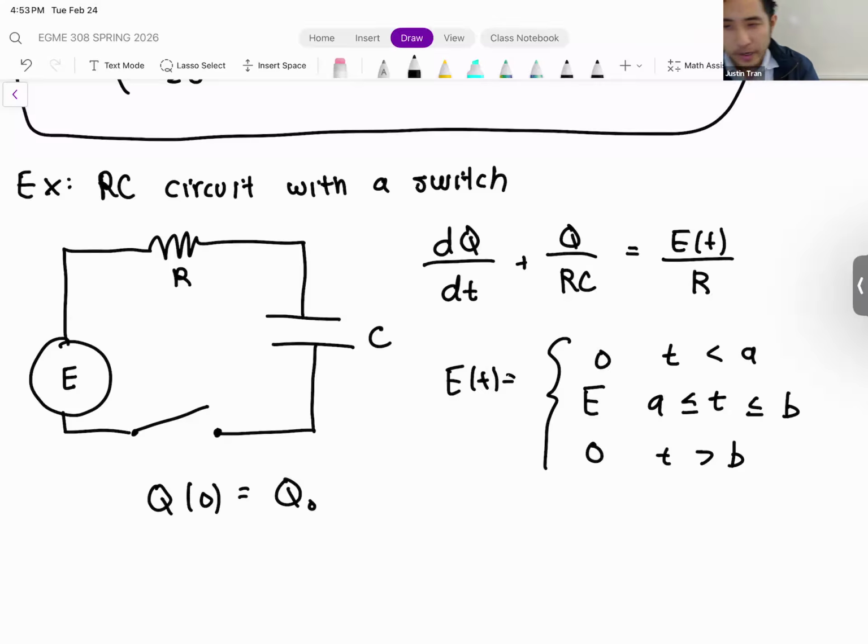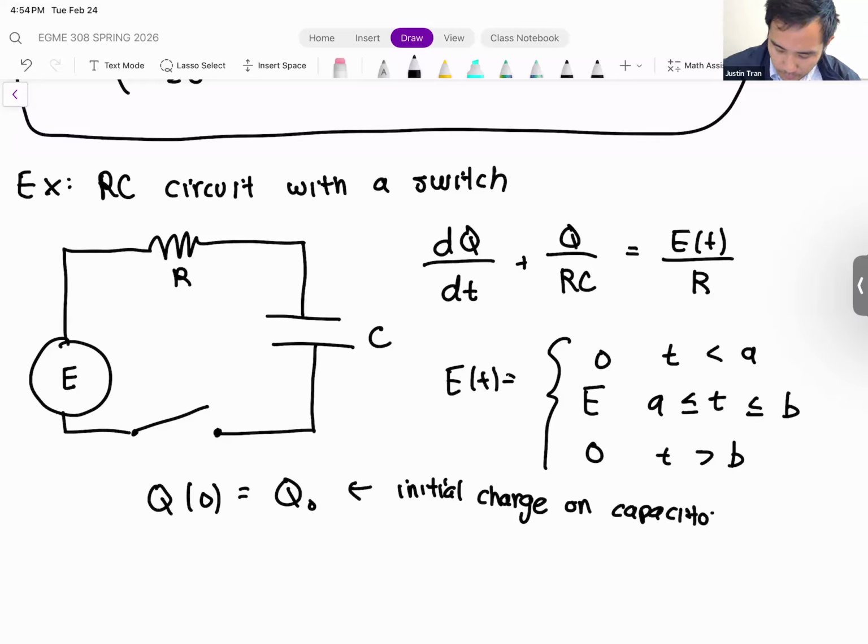We're going to say it's a generic Q naught, which represents the initial charge on the capacitor. Just like in the previous example, we're going to be using Laplace transforms to solve for Q(t).